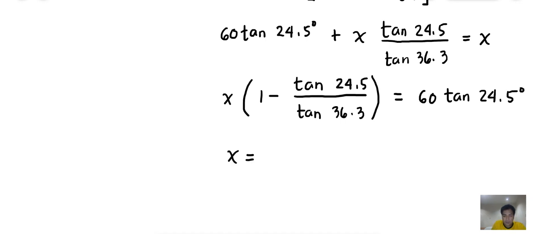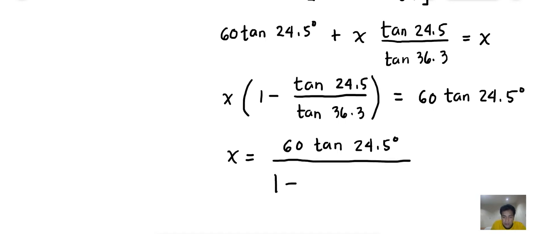So x therefore is equal to that whole thing, tangent of 24.5 degrees, all over the whole quantity 1 minus tangent of 24.5 over tangent of 36.3.